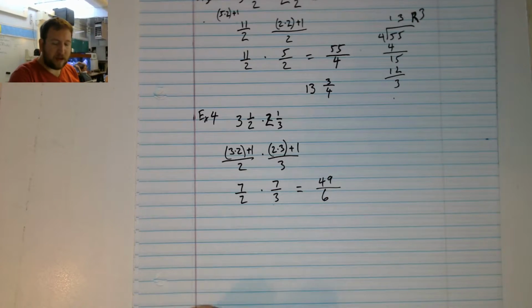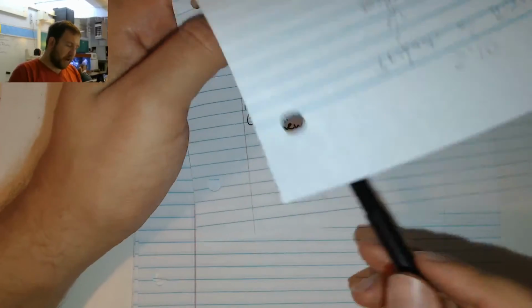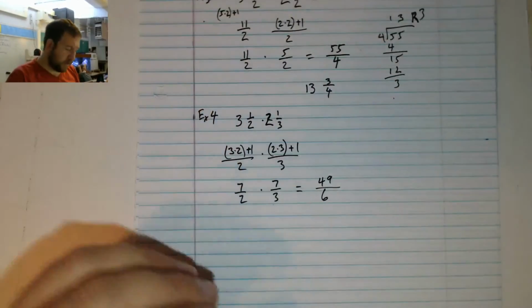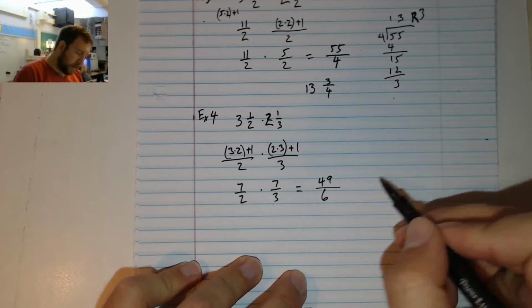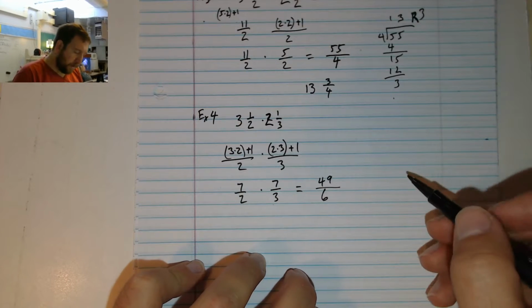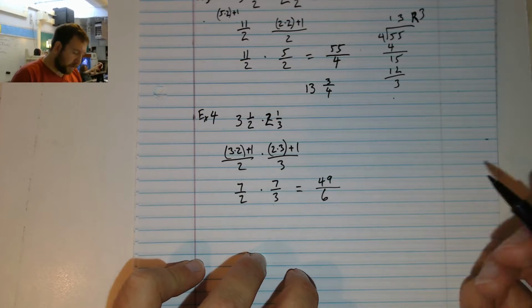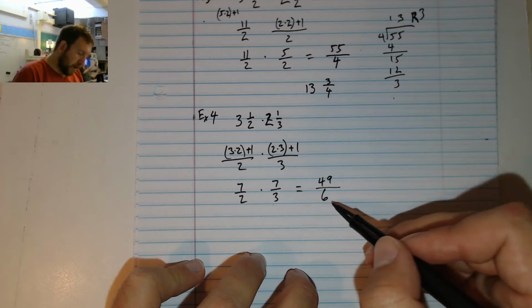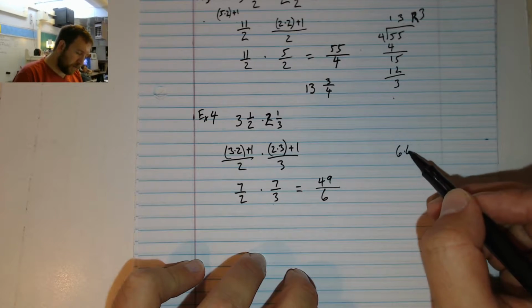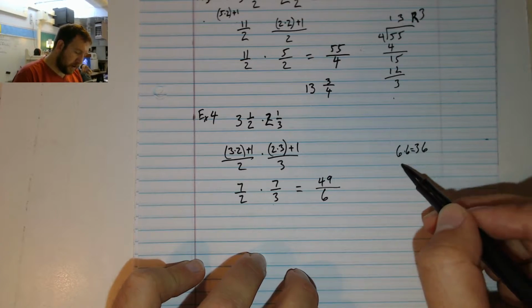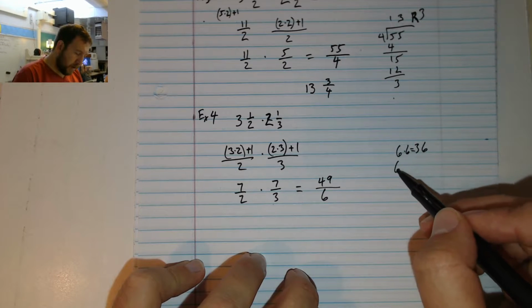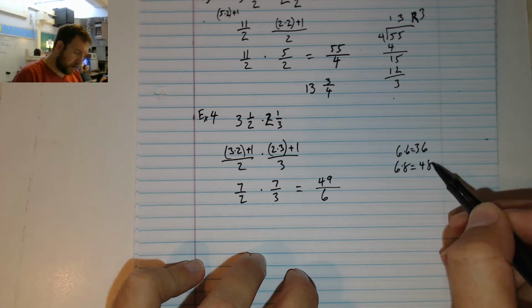But I'm not done, because simplify is step 4. I need to then rewrite as a mixed number. So I need to figure out how many 6's go into 49. So this might be one where I have to do a little bit of guessing and a little bit of figuring it out. So I know 6 times 6 is 36, 42, 48. 6 times 8 is 48. Okay, 48.